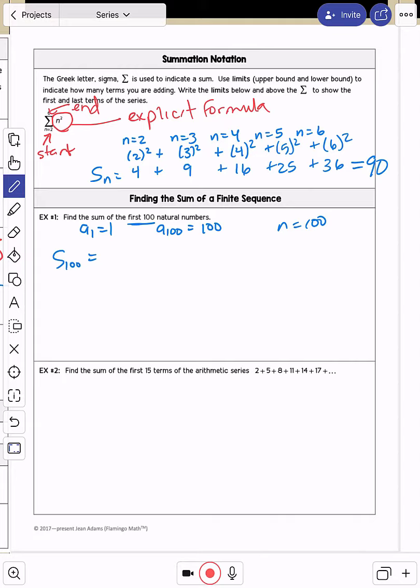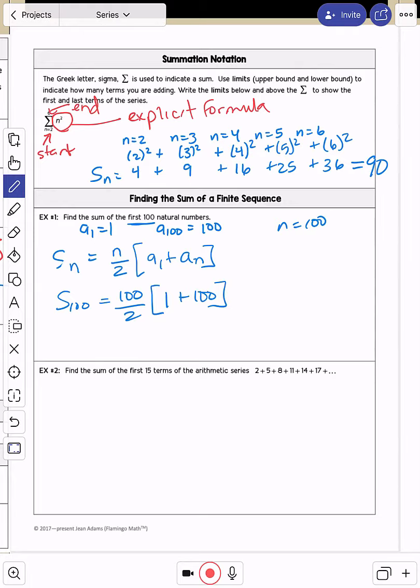It's equal to n over 2. Well, actually, I do kind of like to do the formula first. So S sub n is equal to n over 2 times the first term plus the last term. Then S100 is going to be 100 over 2 times the first term plus the last term.